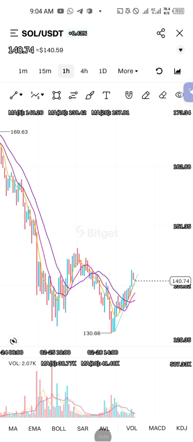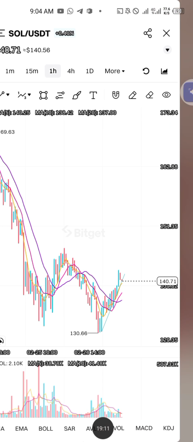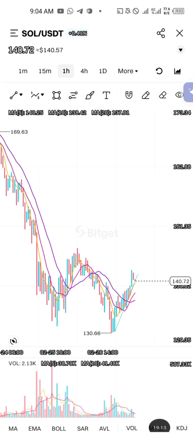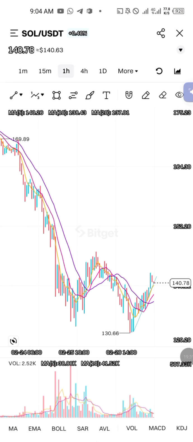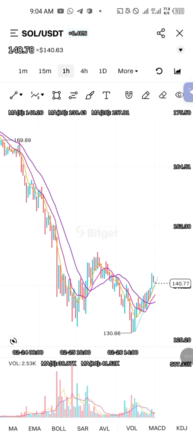Then this is MACD, which means moving average convergence divergence, right? This is KDJ. These indicators that I'm showing you are very, very good for your own trading, right?